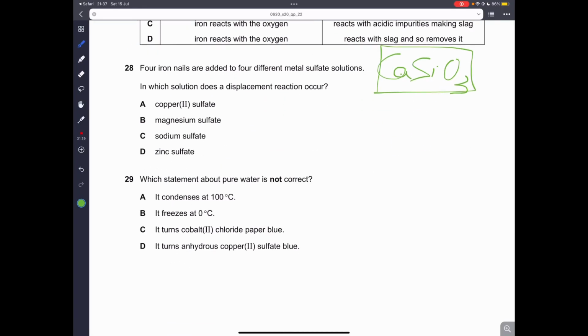Okay, let's move on. 4 iron nails are added to 4 different metal sulfate solutions. In which solution does a displacement reaction occur? Remember, for the iron nail, we have to know the reactivity series. So copper is actually below iron, so this copper cannot displace. Magnesium is higher than iron, so magnesium sulfate can displace.